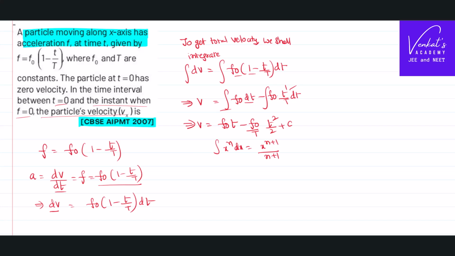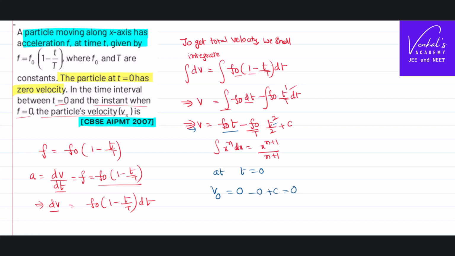We don't know the value of this integration constant. How can we get that? To know that, the condition is given: the particle at t equal to 0 has zero velocity. So we have an equation for v already. At t equal to 0, f0 into t becomes 0, the term with t also becomes 0, plus c.